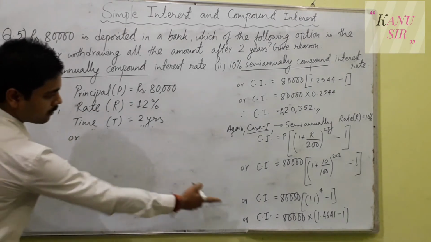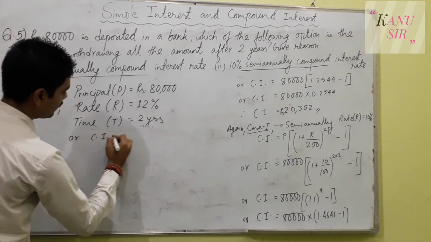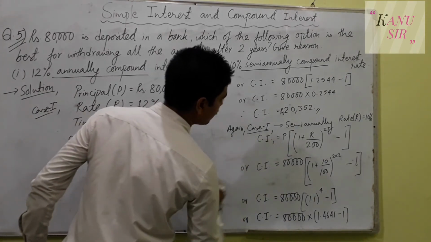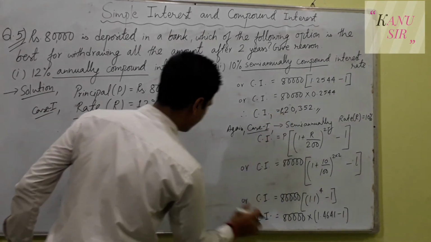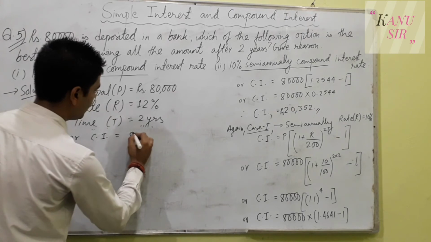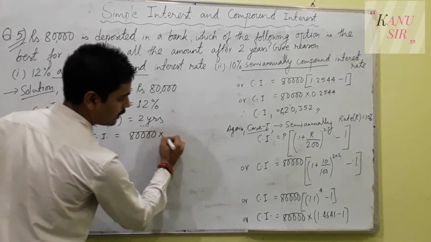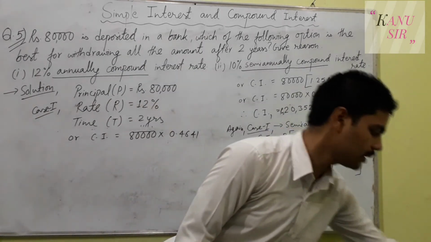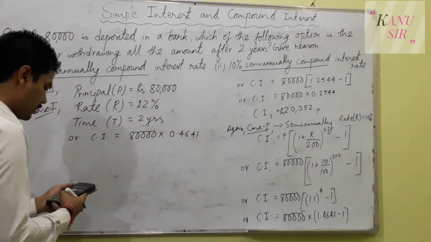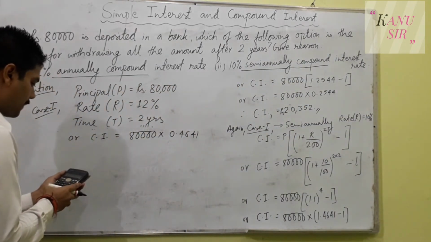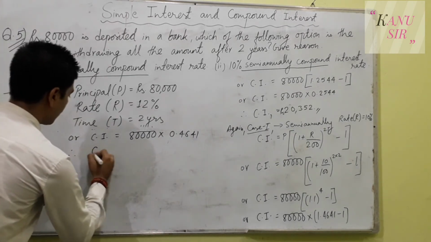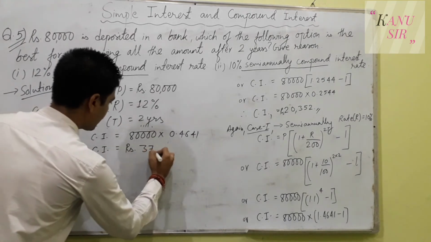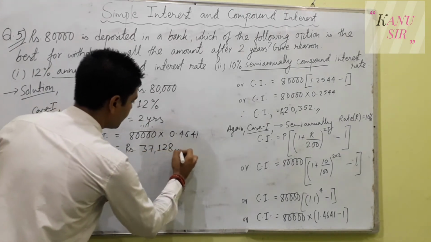This is the first case, and you can take this as the second case. Compound interest will be 80,000 into 0.4641, and in a calculator minus 1 into 80,000. Hence compound interest will be rupees 37,128.